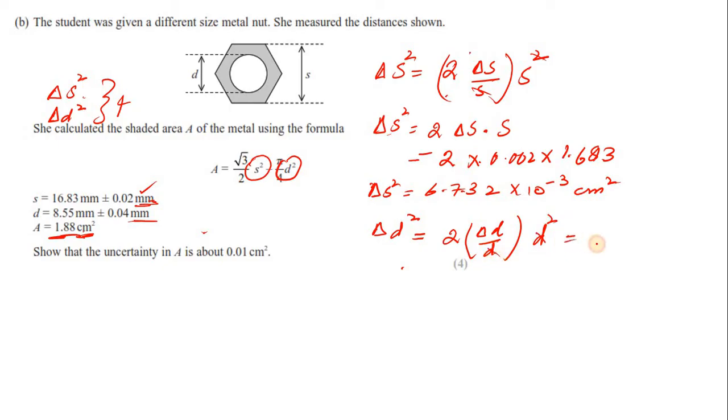So you have twice of delta D into D, meaning delta D square would be equal to twice of delta D, which is in centimeter, so 0.004 times 0.855 in centimeter. So the answer would be equal to 6.84. So 6 point, let me just erase it.